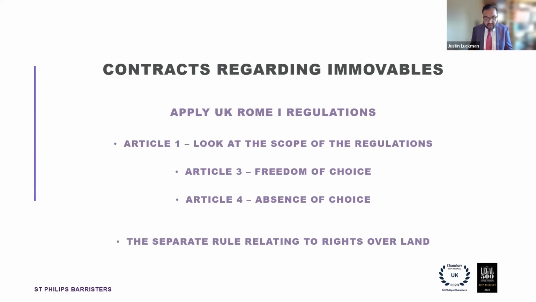So those are worth bearing in mind, in addition to Article 21 as well, which deals with public policy points. In my mind, it's not readily apparent that those points will be of immediate importance in most cases, and it would be quite rare for the law that applies pursuant to the Rome I Regulation to be overridden by a certain other law. But it's just worth bearing in mind going forwards.